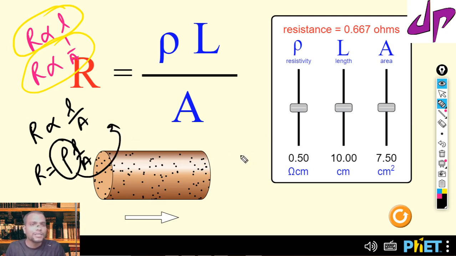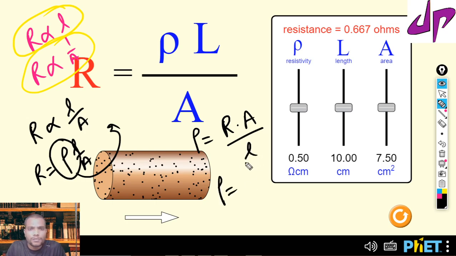So the resistivity we can define as resistance per unit area. How is it? From this expression I can write that rho equals resistance times area upon length.